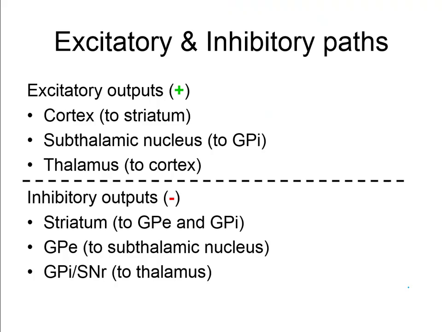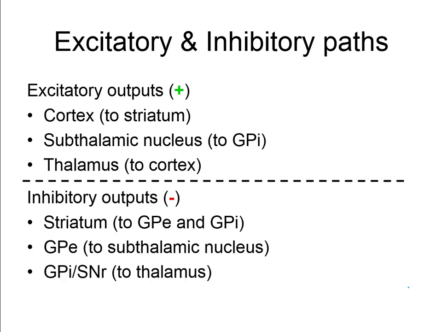So, when we think about these loops, you need to now think about ways synapses work. So, some of them are excitatory and others are inhibitory. Cortex output is excitatory. It's excitatory whether it's a descending tract to the spinal cord, whether it's going to thalamus or going to striatum. Okay? The subthalamic is excitatory, and then the cortex back to the thalamus back to the cortex is excitatory.